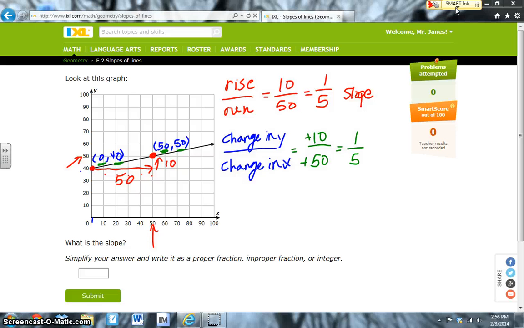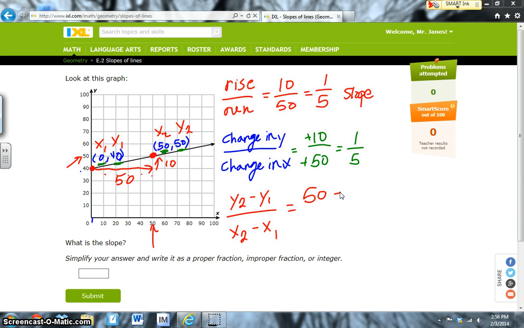So the formula is y2 minus y1 over x2 minus x1. Now when we look at these points, I've got my x1, y1, my x2, and my y2. So my y2 is 50.